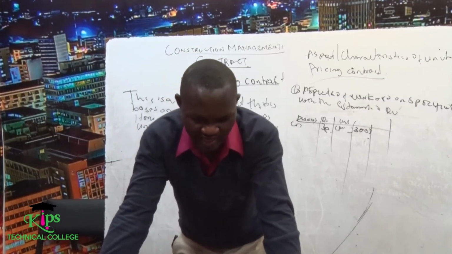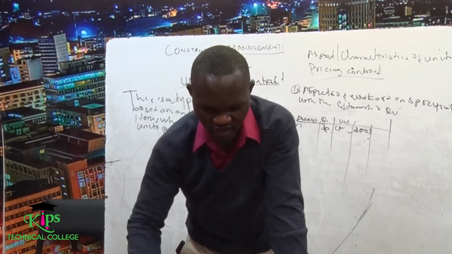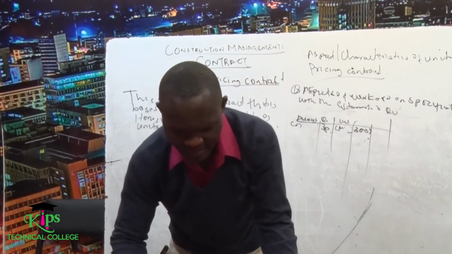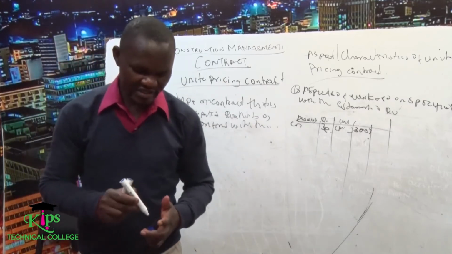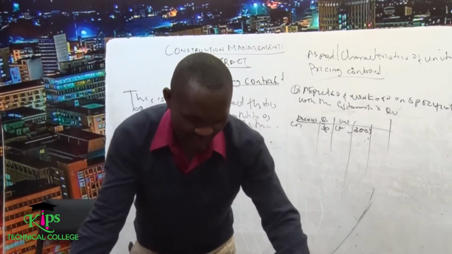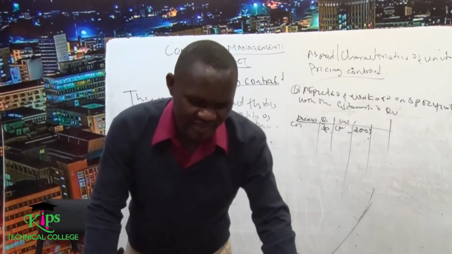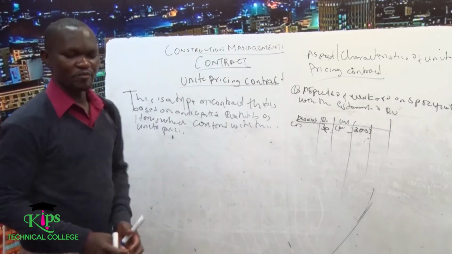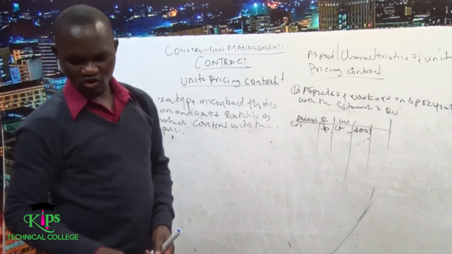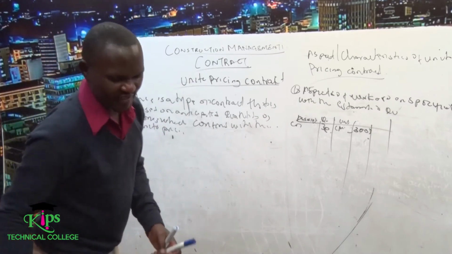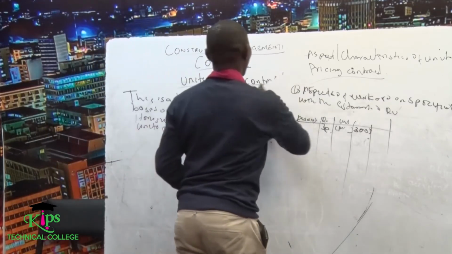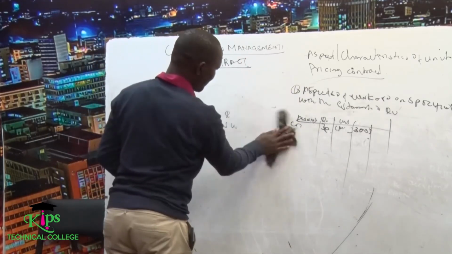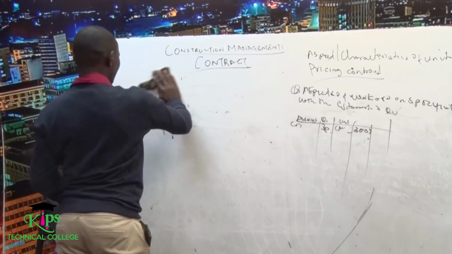The following are the disadvantages of this type of contract, since anything that has advantages must have its own disadvantages. The exact price of the project is not known to the owner until the completion of the project.